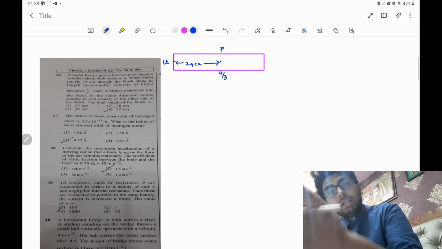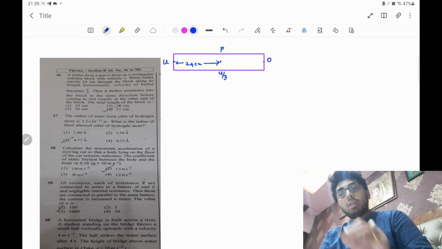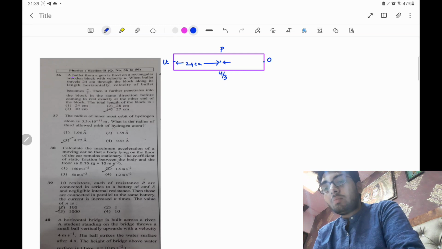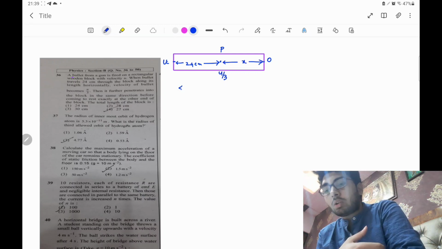And when it comes to the other extreme end, the velocity will become 0. Now let us assume that the rest part of the block has a length of x. So automatically the total length of the block becomes 24 plus x.